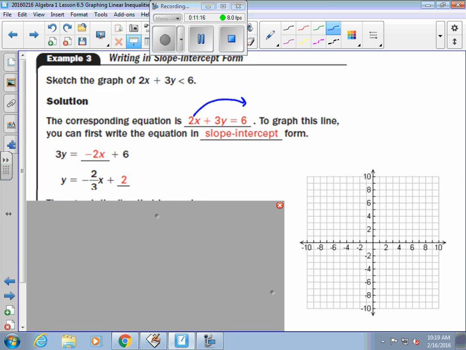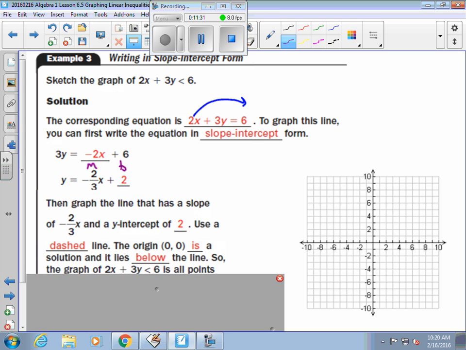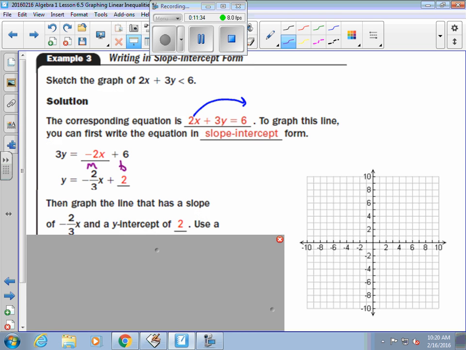That gives you y equals negative 2 over 3x plus 2. Y equals mx plus b. So we have a place to begin at. B's value is positive 2 right there. That's where you begin. M's value is negative 2 over 3. That means go down 2 and to the right 3. So down 1, 2, to the right 1, 2, 3. There is your second point.